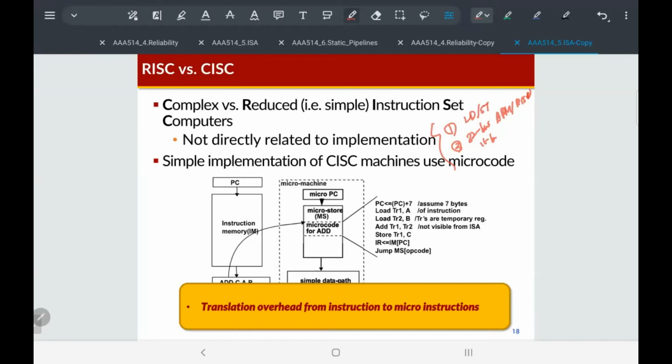But these CISC type ISAs, such as x86, need to support backward compatibility.